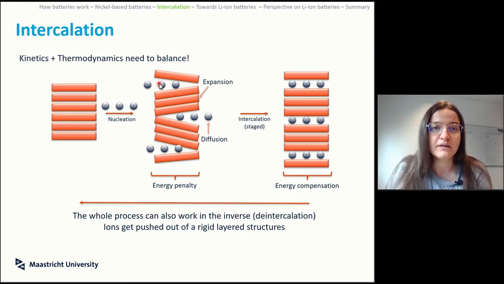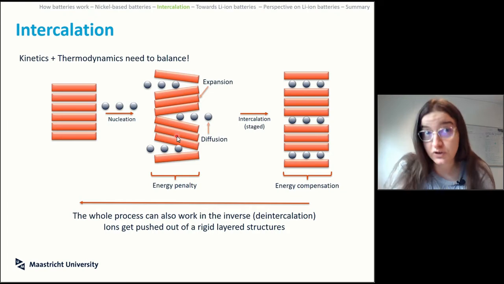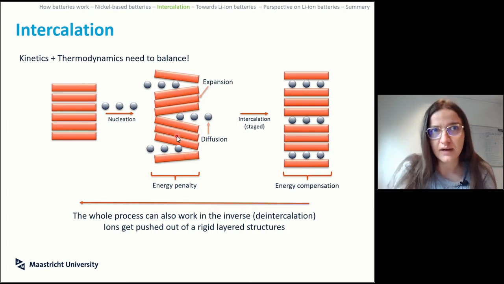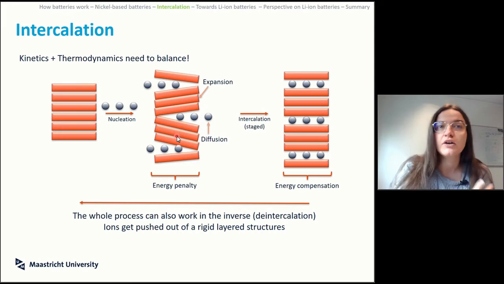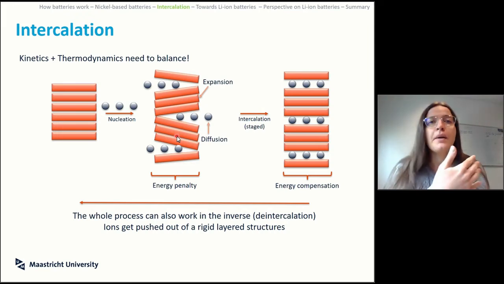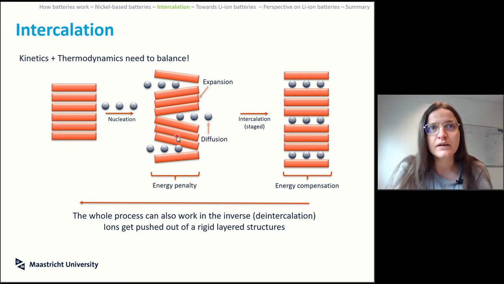If you force 1 every 3, like this option here, then you don't have to expand the structure as much as if you were to immediately force every layer to be occupied. So you go in stages, because this compensates the thermodynamics of the process.